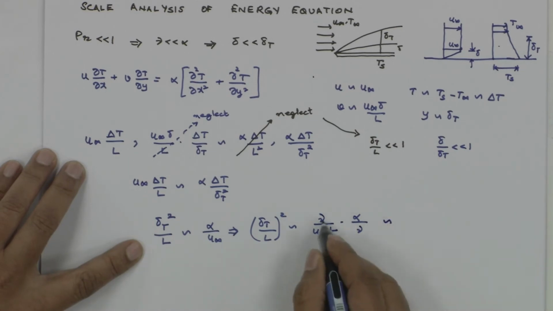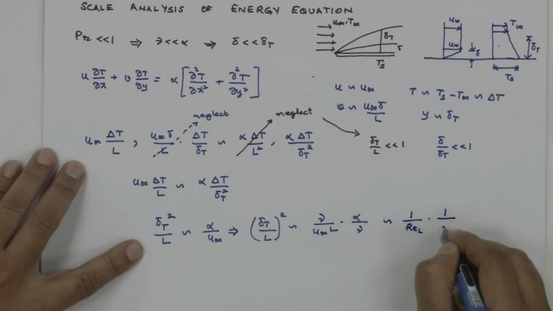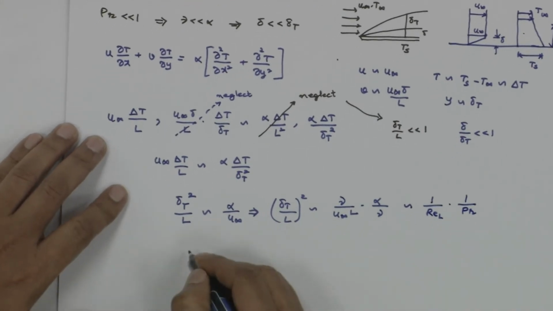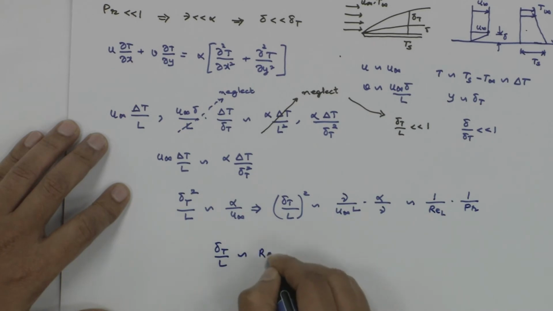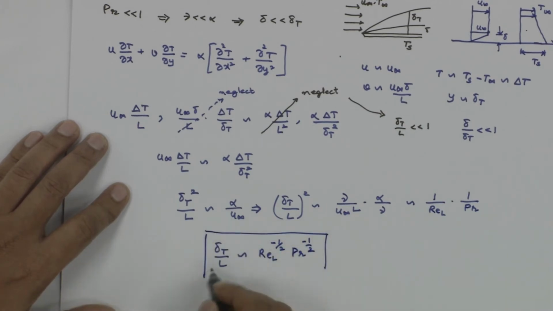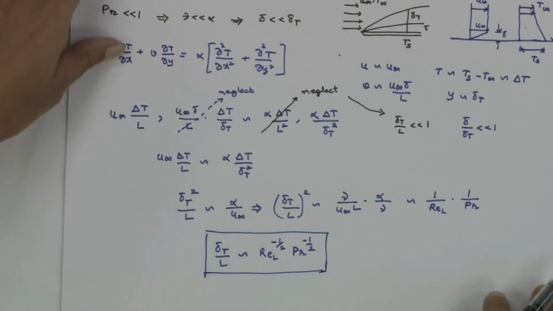As you can recollect, this is nothing but 1 by REL, and nu by alpha is Prandtl number, so this is going to be 1 by Prandtl number. That means I get delta T by L is of the order of REL to the power of minus half PR to the power of minus half. If you recollect, when we non-dimensionalize the energy equation, we said that it is a function of RE and PR, we are getting RE and PR only. Now let us take up Nusselt number.